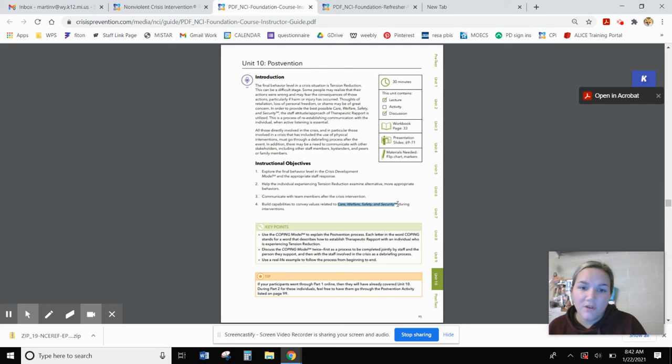The final behavior level in the crisis situation is tension reduction, and then post-vention is how you really deal with that after the fact. And a lot of people, when they're taking the test, answer with staff only because per our population, we really only discuss with staff. But in a general sense, it's staff and the individual.